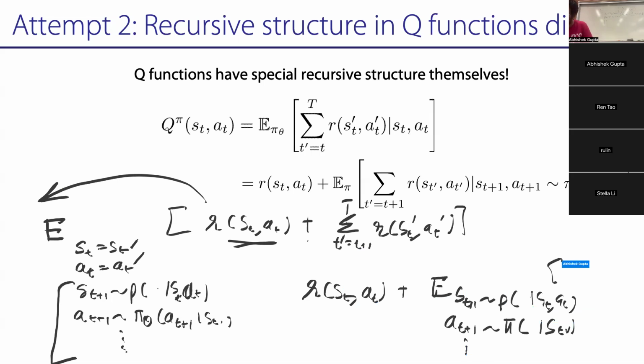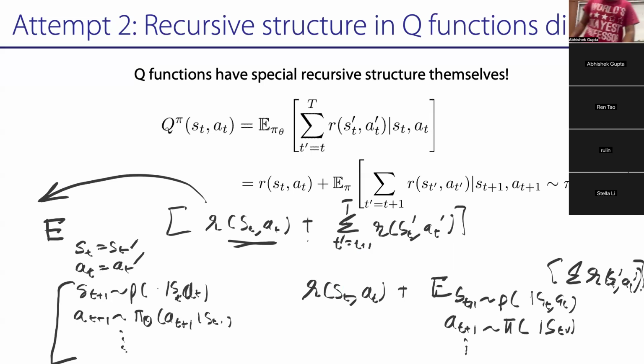And then you're going to have the sum of future rewards. So all we did is we said this thing doesn't depend on s_{t+1} onwards. Move everything in this expectation all the way inside, right? And so you're going to say your Q function is equal to your reward now plus the expected sum of rewards in the future, where your next state is sampled from the dynamics and your next action is sampled from the policy.